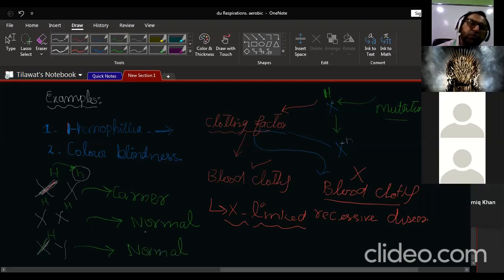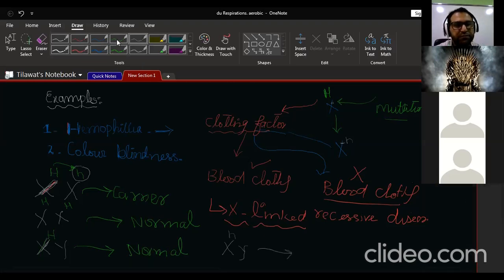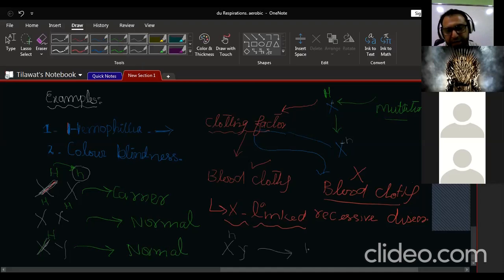Now, let's suppose a male having, because these two are not homologous, so one side only H needs, no on another side for the expression. X, Y, that gene or allele is recessive. So this person is what? This male having hemophilia.